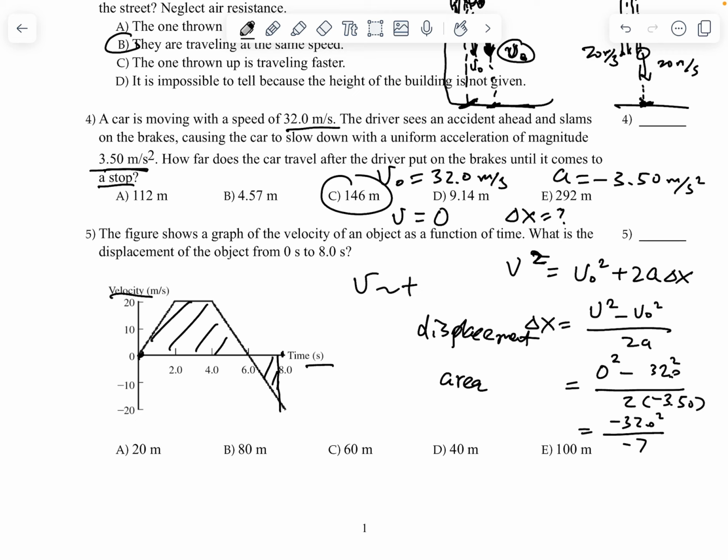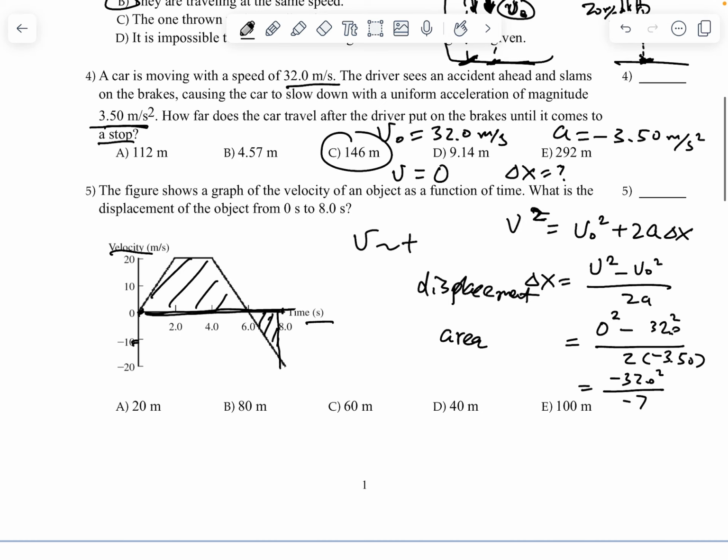However, if you have area below this line, it is negative area, because it is negative displacement, because you move back. Velocity is negative, so you move back. So this will be the negative displacement. Let's count the total area.